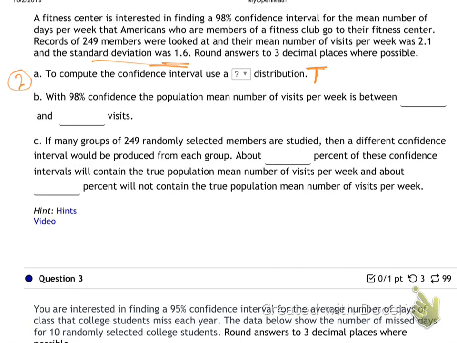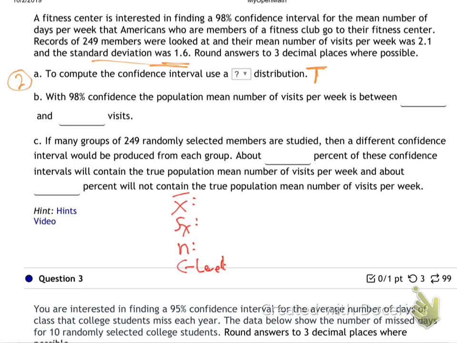Yeah, so can you crank this one out? Go ahead and give that one a try. So 98% confidence interval. And so we're going to choose, what options does it give us there? Okay, so what's our X bar?